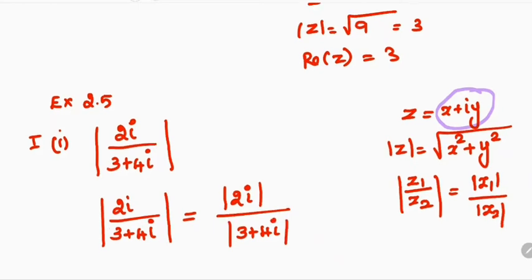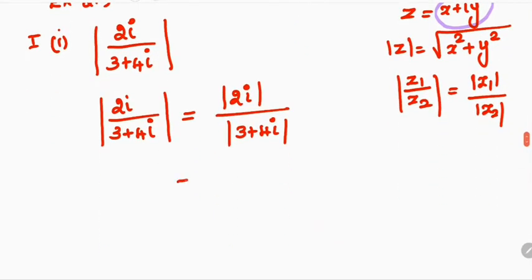Okay, so what is the modulus of 2i? Here this complex number is purely imaginary, no real part is here. So the modulus is the square root of, the real part is 0, so 0 squared plus, what is the imaginary part? It is 2, isn't it? The imaginary part is 2, so it is 2 the whole square.